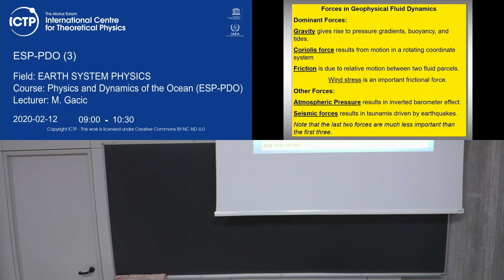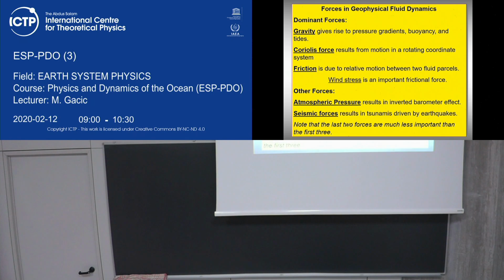Then we have the Coriolis force, which results from motion in a rotating coordinate system. It is an apparent force which appears only in a rotating system like the Earth. Then we have friction.